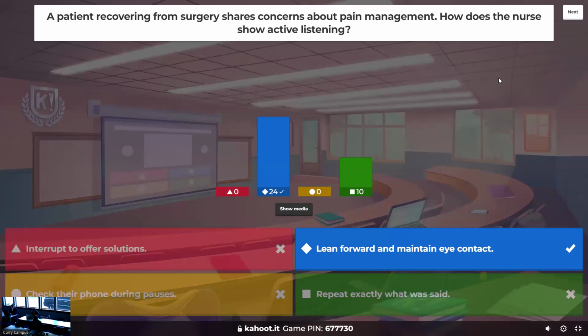All right, so almost all of us got that one. So some said repeat exactly what was said. And that's another term that we're going to go over pretty quick. But the more right answer is lean forward and maintain eye contact.